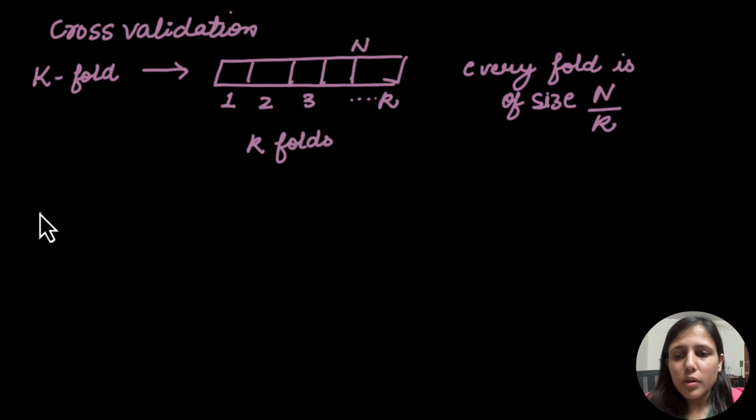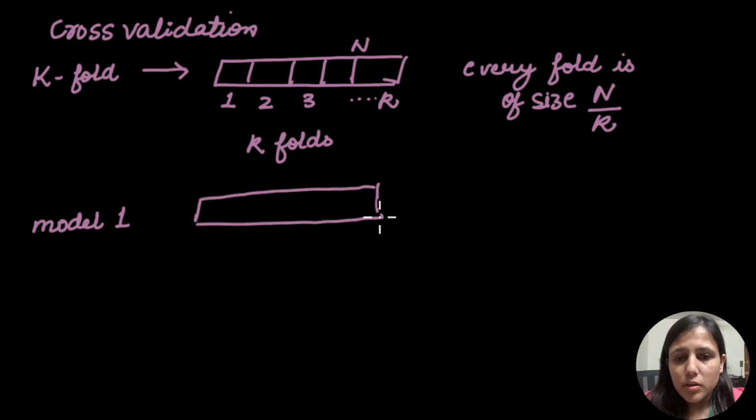Now what we do is, suppose we are training model 1, then one of the options is we can take the first fold into testing. So this is test, and the rest of them we can take into training.